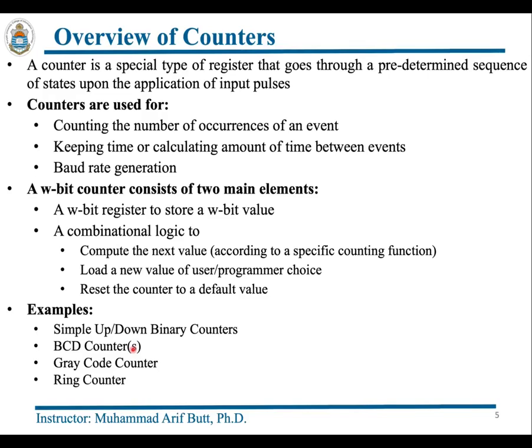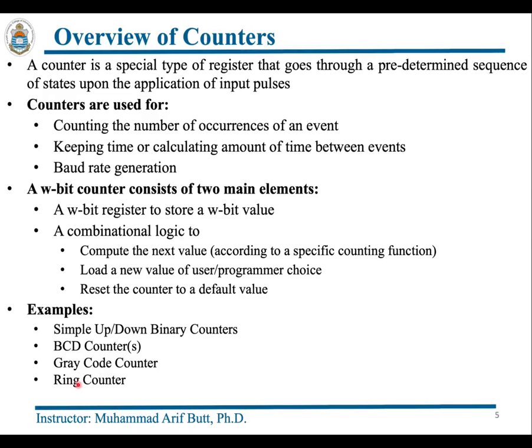Another example of a counter is a ring counter. Well, a ring counter is a modified form of a shift register, and a shift register is actually a register capable of shifting its binary information to the left, or to the right, or in both directions. Anyways, a ring counter is a shift register in which the output of the last flip-flop is connected to the data input of the first flip-flop.